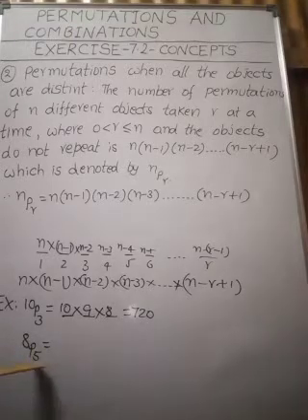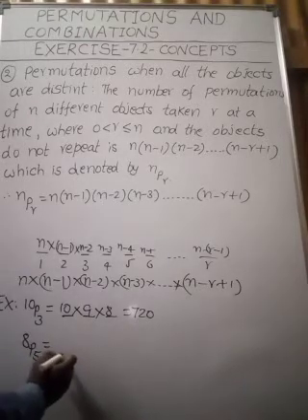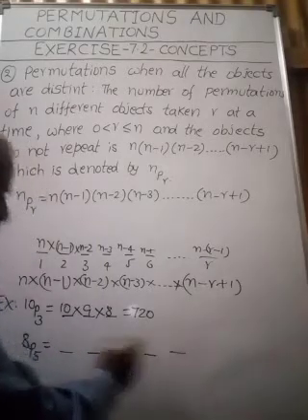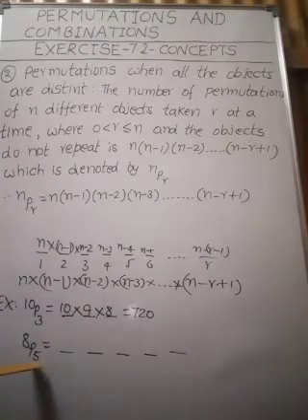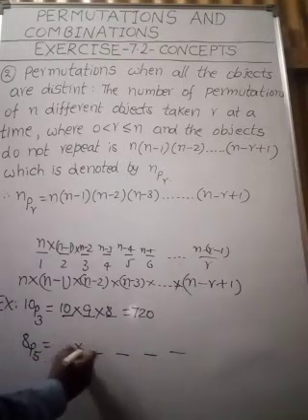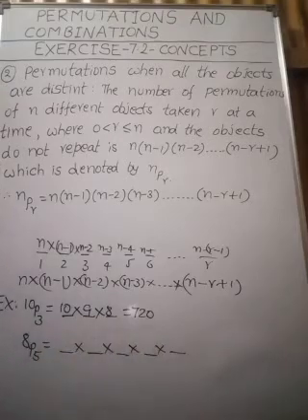First we have to concentrate on the second number, the downside number. What is the downside number here? 5. So take 5 blanks like this. Okay, my children. In between these blanks, keep the multiplication symbol. Understood? This is the second step, my children.